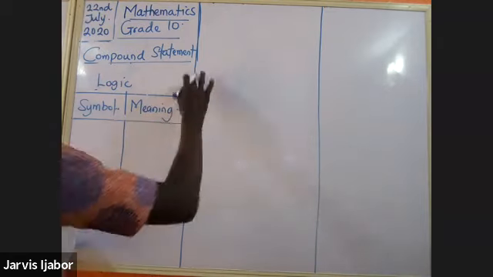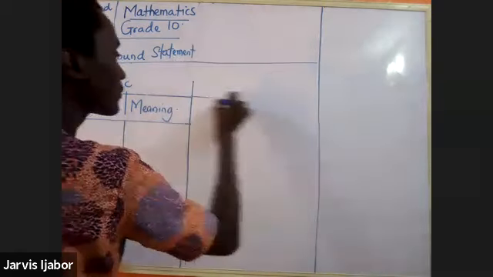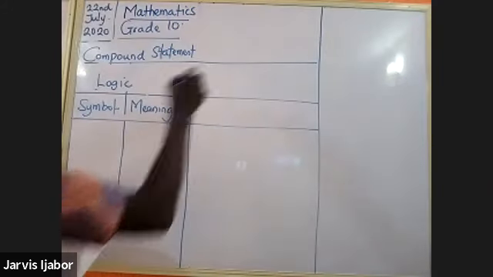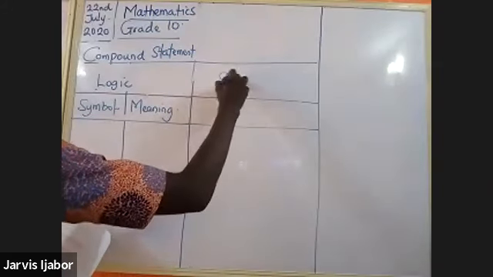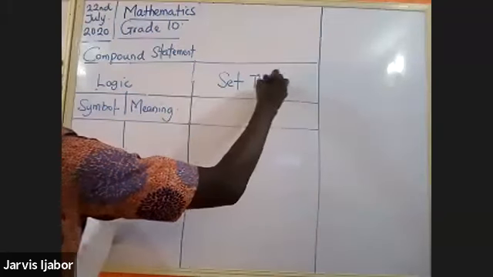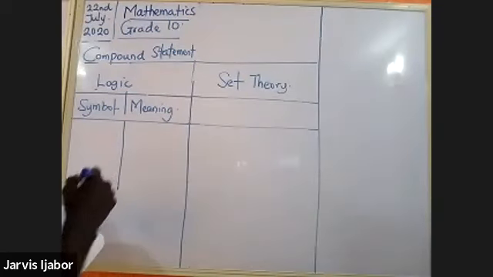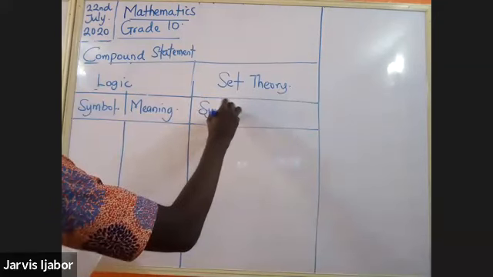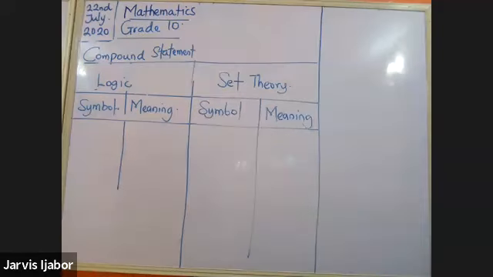Is that clear? Then we have what is called set. This is logic. This is set theory. And this is what? Symbol. Let's draw this table out.